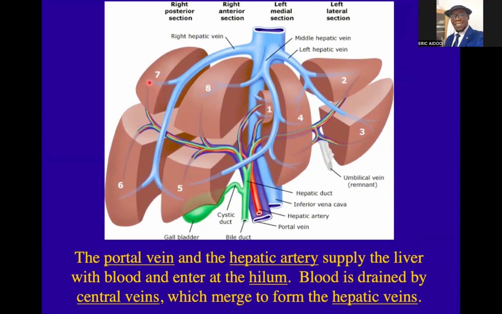And then the central veins will accumulate and join to form the hepatic veins. The portal vein and the hepatic arteries supply the liver with blood and enter at the hilum. Blood is drained by central veins which merge to form the hepatic veins.